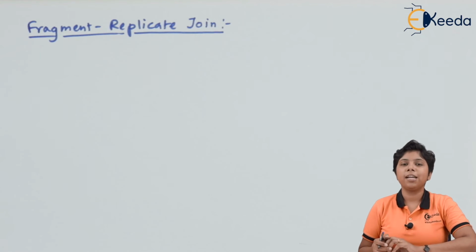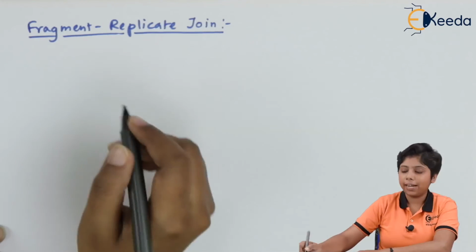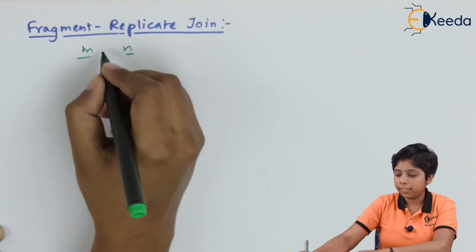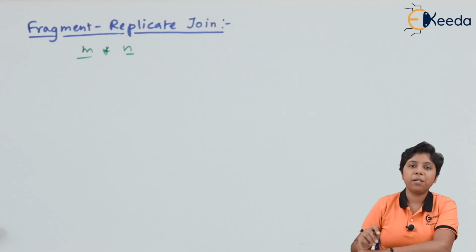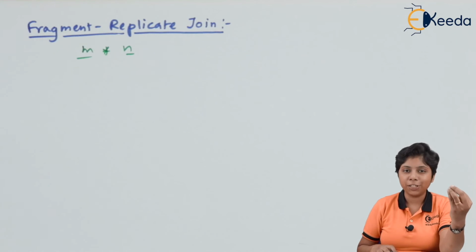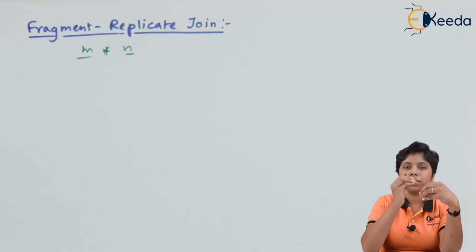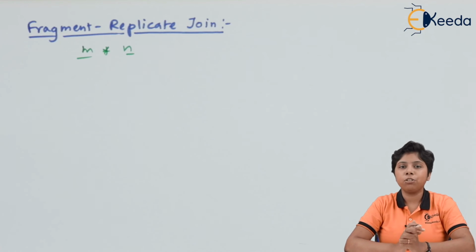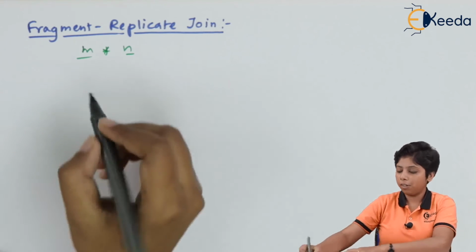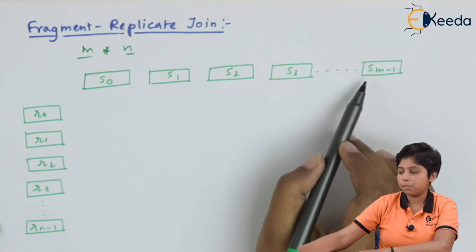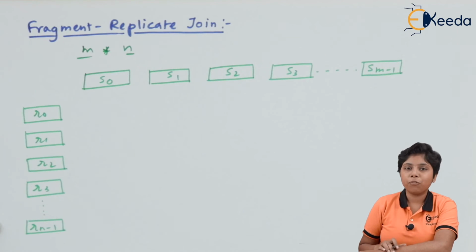So now let us join, where the external merge sort algorithm uses this fragment replicate join. Now we see that m and n don't need to be equal. All we need is m times n processors, because for each S0 we can have the relations R0 to Rn-1, and for each R0 the relations S0 to Sm-1. So now we can have R partitioned into n-1 and S partitioned into m-1.